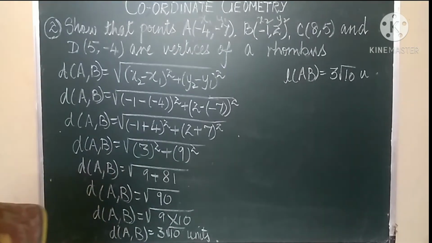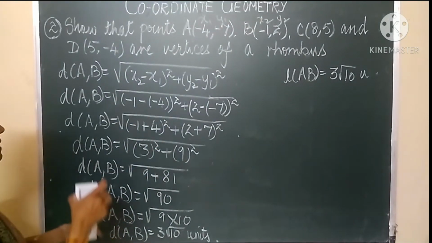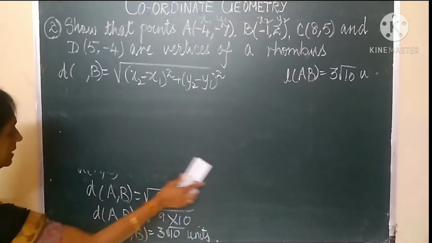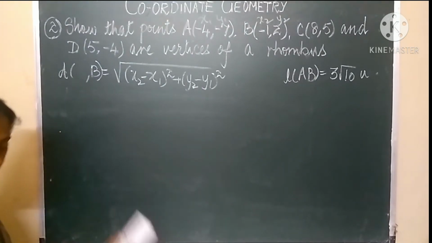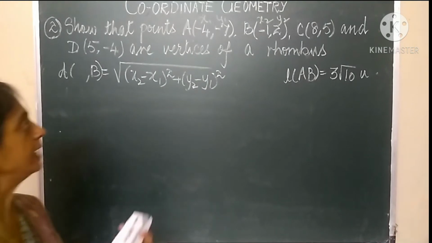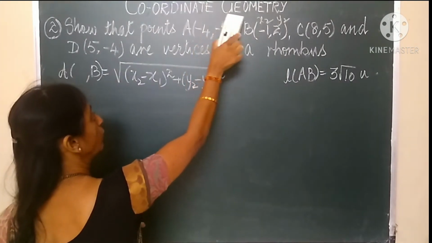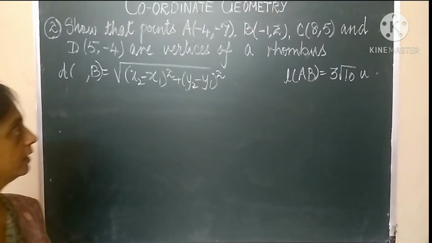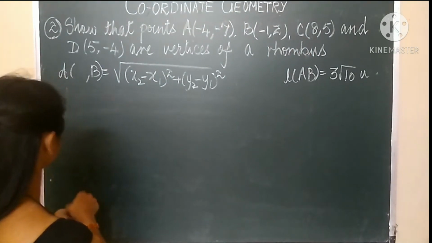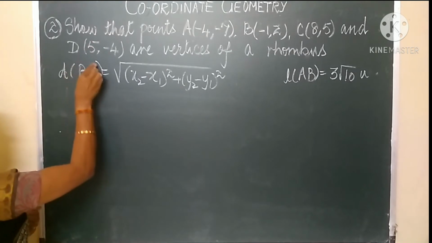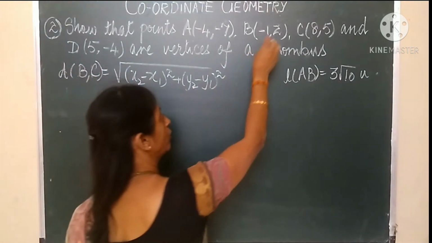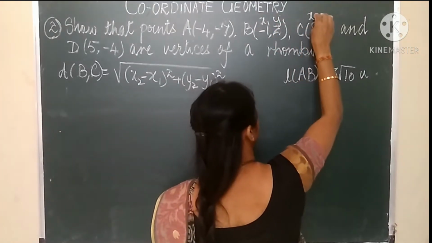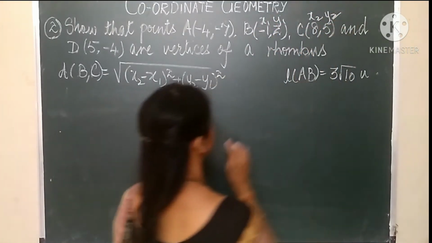Let's move on now to calculate distance BC. Again with the same formula, but let's assign the new coordinates as x1 y1 and x2 y2 for which points? For points B and C. So over here for point B, we will have the coordinates assigned with the value x1 y1 and C with x2 y2.